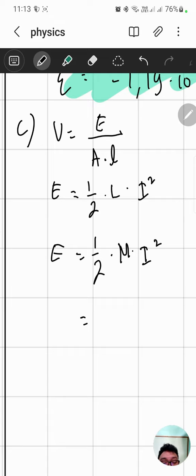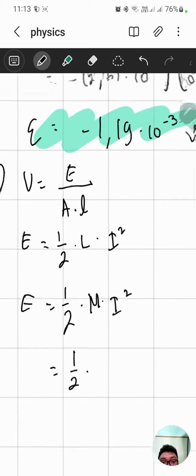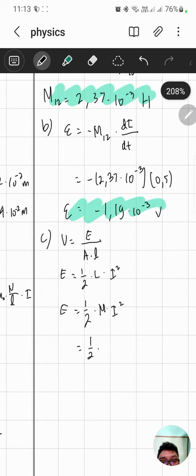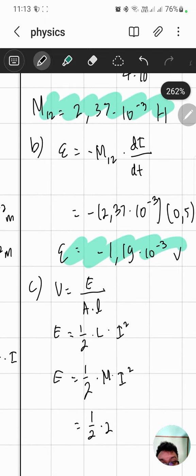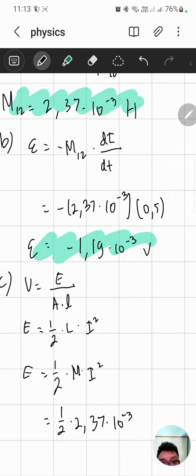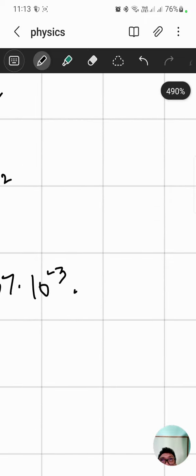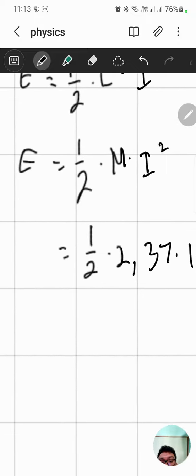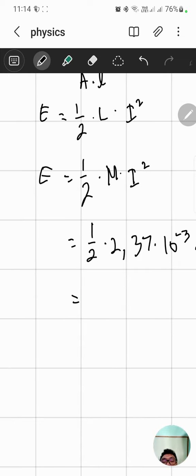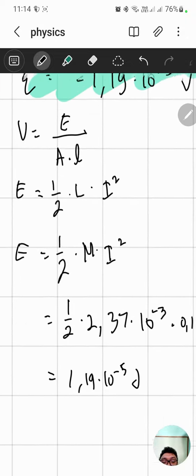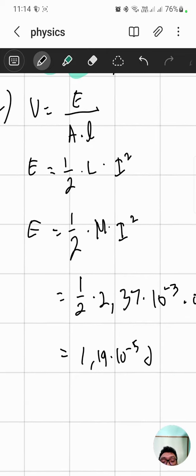So the energy can be solved as 1 over 2 times 2.37 times 10 to the minus 3, and the I is 0.1. After calculating this problem, we get the answer 1.19 times 10 to the minus 5 joule.